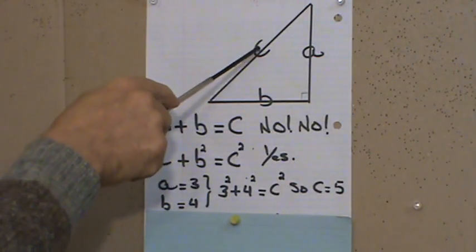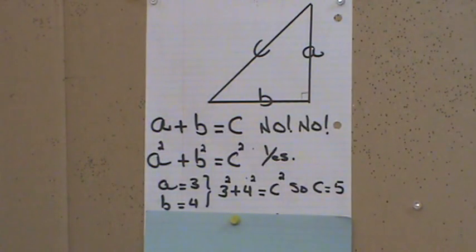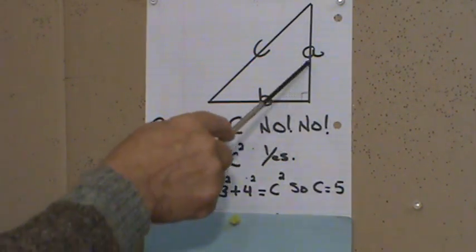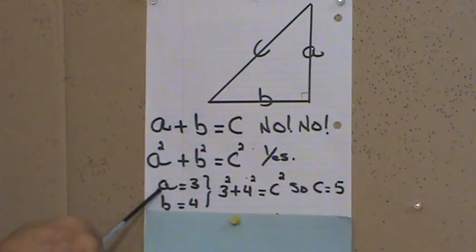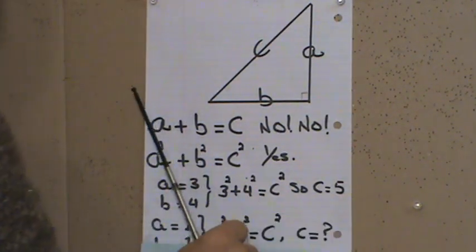But if we want c, then we have to look for a number that, if we square it, we get 25. What is that number? That number is 5. So this 3, 4, 5 triangle has a lot of application in construction, which I'm going to go over for demonstration.